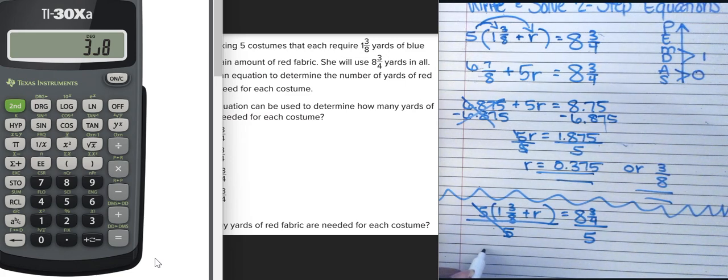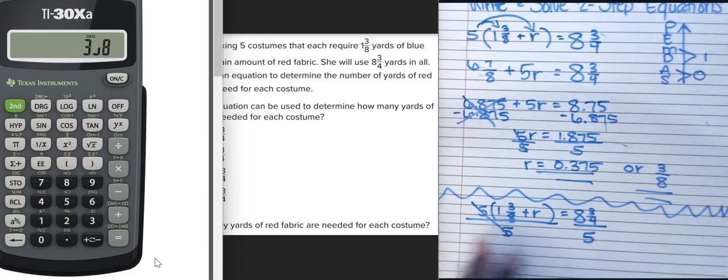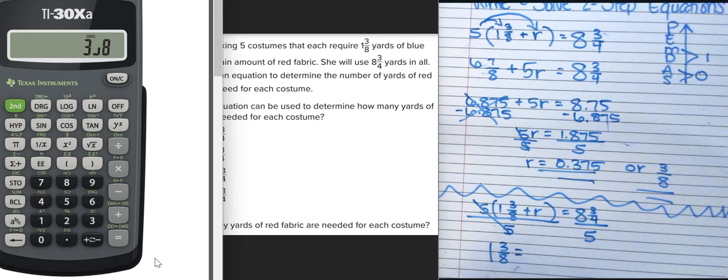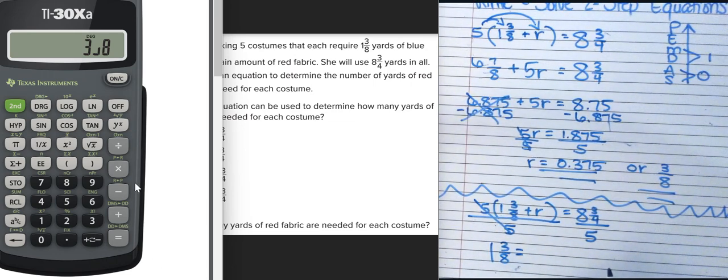So now I'm left with 1 3/8. Okay, so we're left with 1 3/8, and that is going to be equal to 8 3/4 divided by 5. So 8 3/4 divided by 5 gives me 1 3/4.